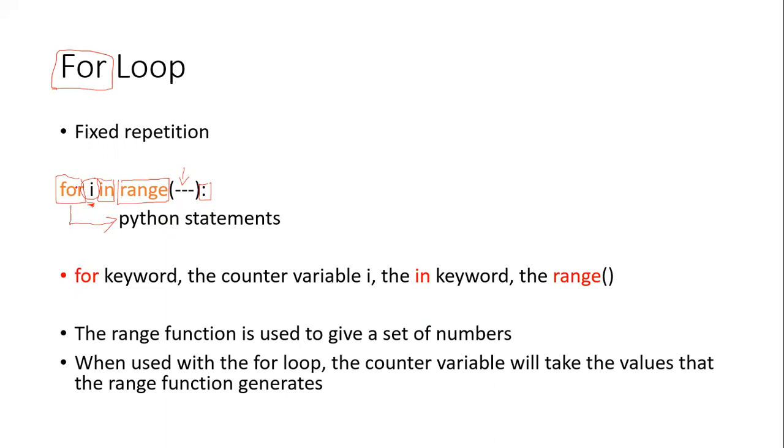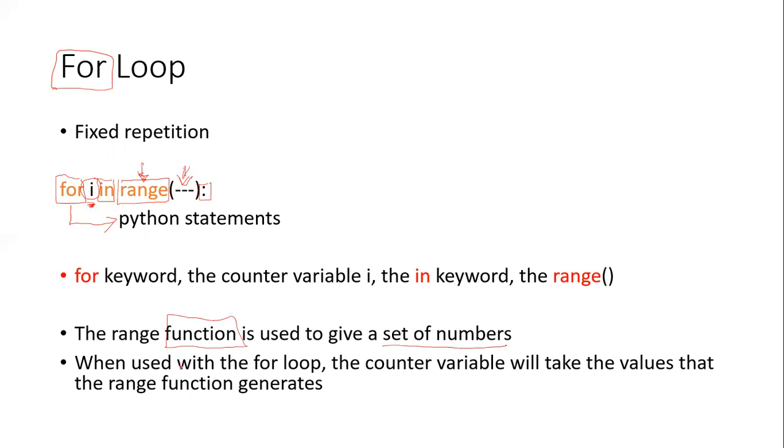So the for loop has this counter variable, and this counter variable takes on numbers that are generated by this range function. Range is a function, and it's used to give us a set of numbers. What numbers it gives us will depend on what we put inside of the bracket.